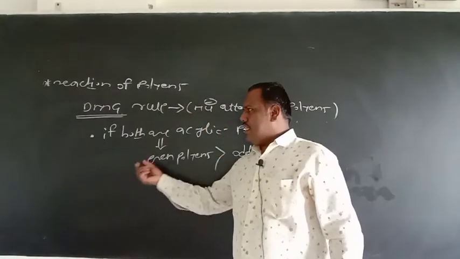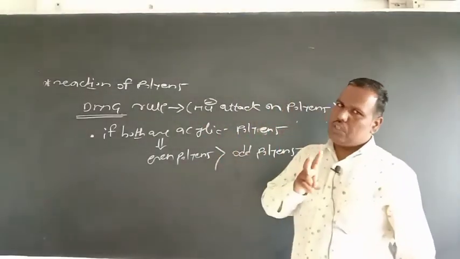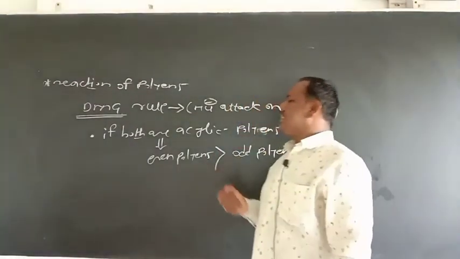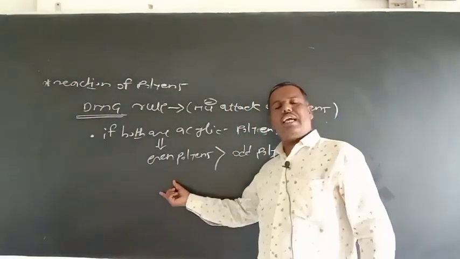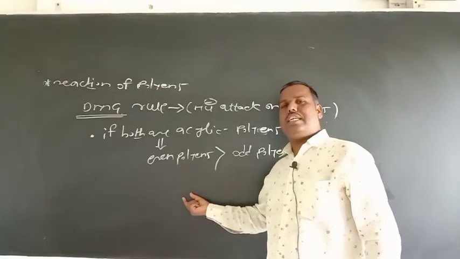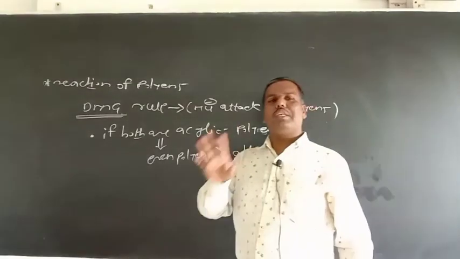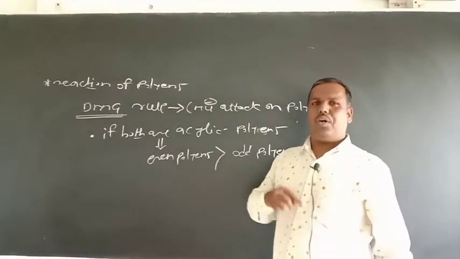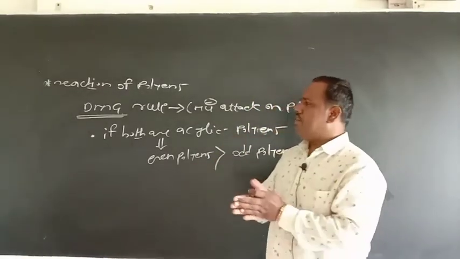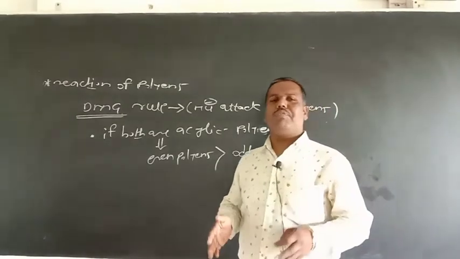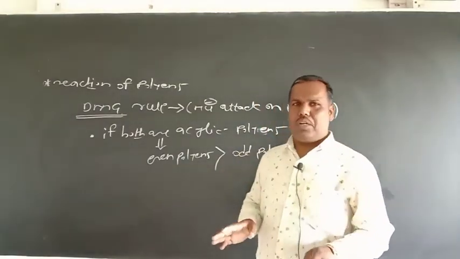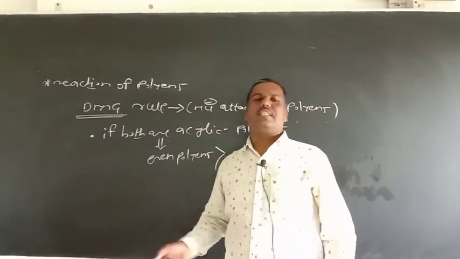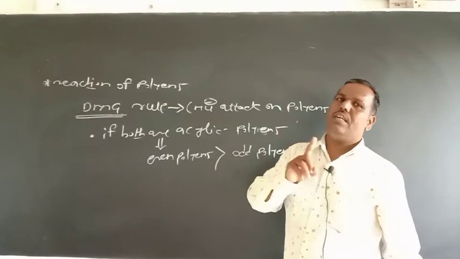Another rule is that if both cyclic as well as acyclic polyenes are present in the complex, then the preference will be given to the acyclic polyene. That is, the nucleophile must attack on the acyclic polyene. If a metal atom is attached to benzene as well as to a carbon-carbon double bond, then the nucleophile must attack on the acyclic polyene, that is the carbon-carbon double bond, not on benzene.